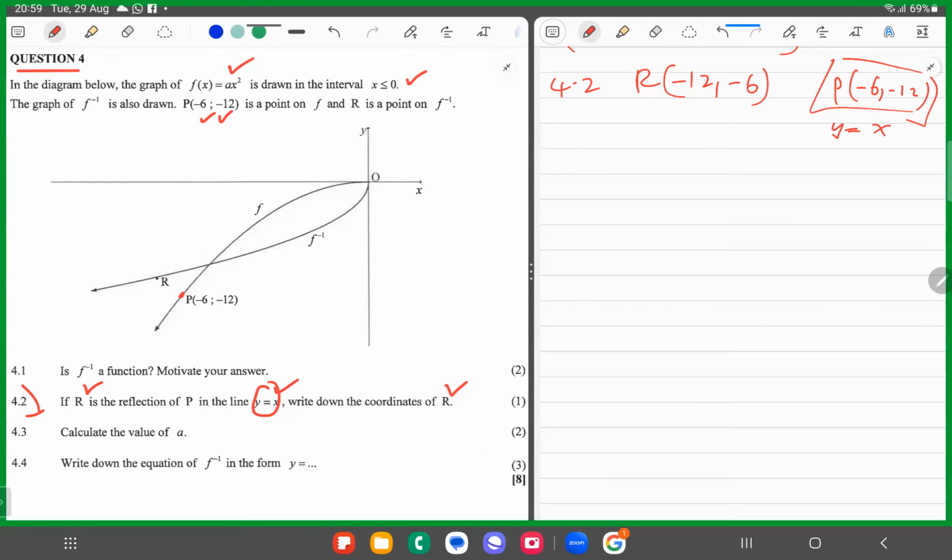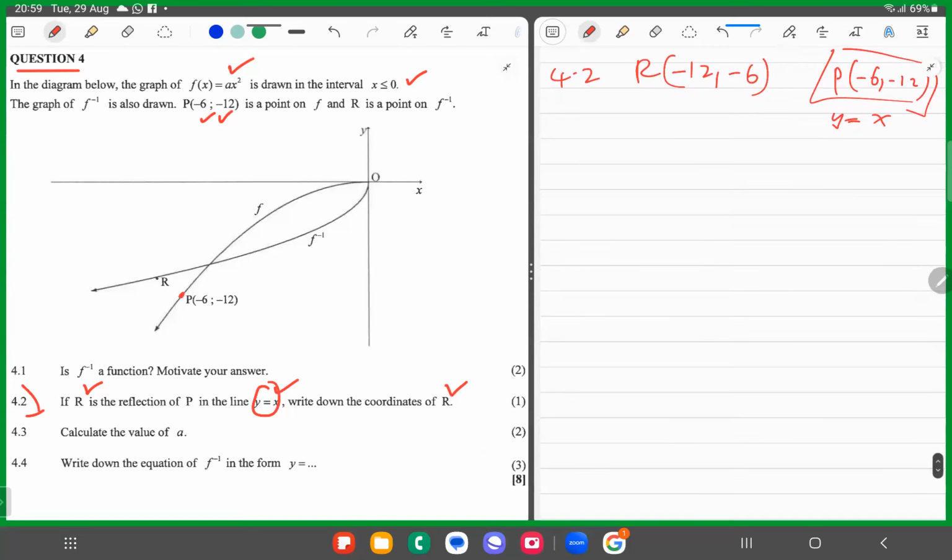Okay, now let's continue and look at the next question, 4.3. Calculate the value of a. What is the value of a?